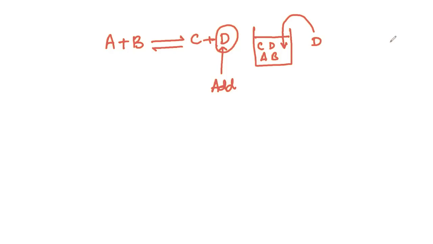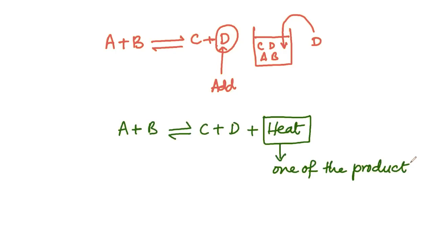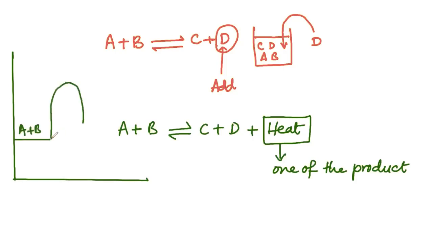Now look at this green equation. If you look at the energy graph, A and B are here, and then they pass through this high energy hurdle, and now they are making C and D. And this is the heat which is released.